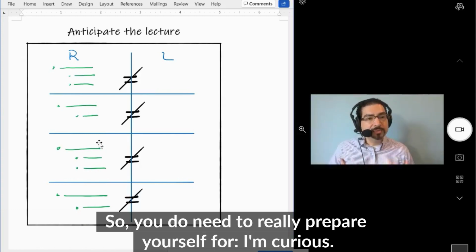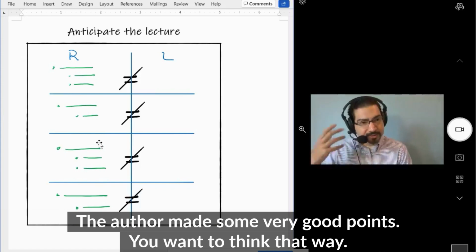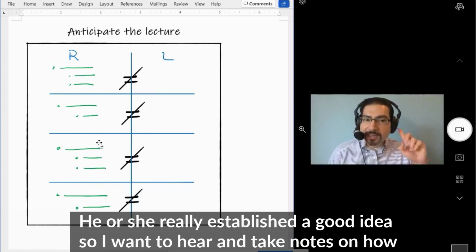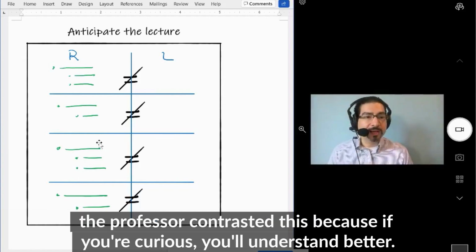So you do need to really prepare yourself for, I'm curious. The author made some very good points. You want to think that way. He or she really established a good idea, so I want to hear and take notes on how the professor contrasted this, because if you're curious, you'll understand better.